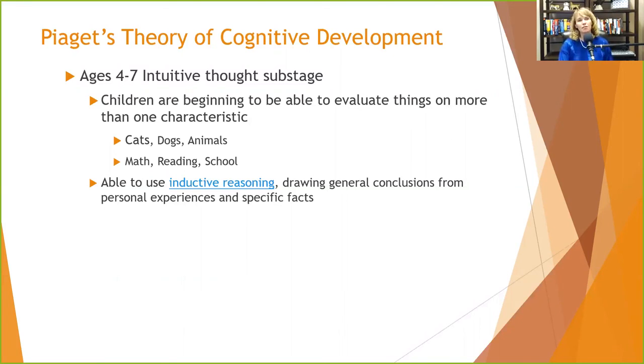But we might want to provide alternate explanations. You think maybe Sally was having a bad day today? It doesn't always play out the way you're expecting, but we can help children start hearing alternate viewpoints, alternate explanations.